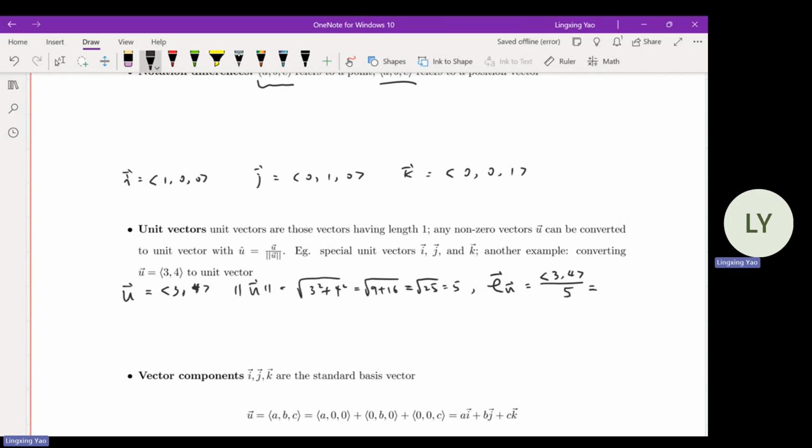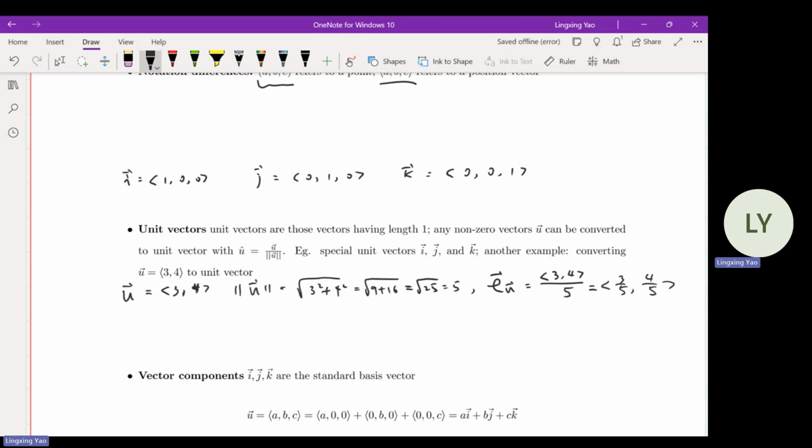Okay, so this is a scalar multiple. We are just multiplying the scalar 1 over 5 to the vector.